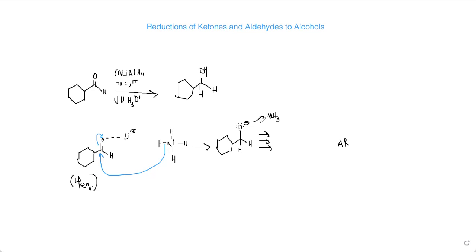So what is really happening here is that the oxygen is associating with the aluminum, and that happens 4 times. So we have the aluminum in the center, and then our oxygen, which is bonded to essentially the starting material. And that is a cyclohexane. You just can't tell from my drawing.